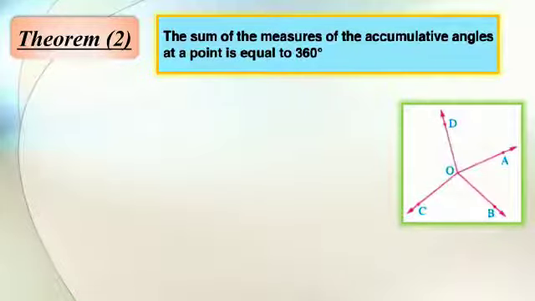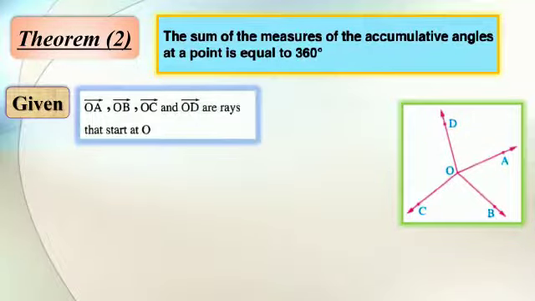Okay, look at this figure. Our given here: OA, OB, OC and OD are rays that start at O. All of them are rays, okay, starting at point O.